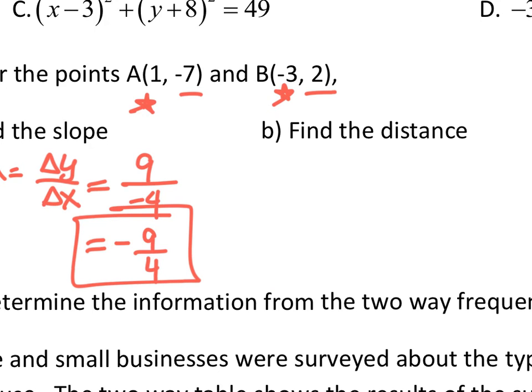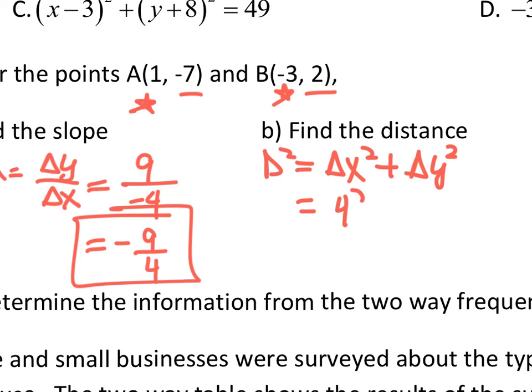To find the diagonal distance between the 2 points, we could think of Pythagorean theorem. So that distance squared is the change in x squared plus the change in y squared. So we just saw the change in x was 4, or really -4, but -4 times -4 is 16.